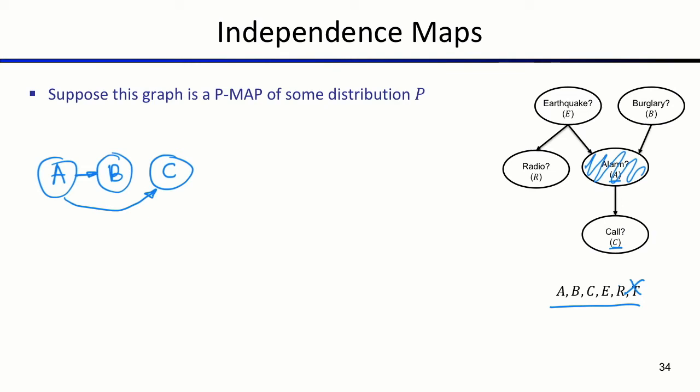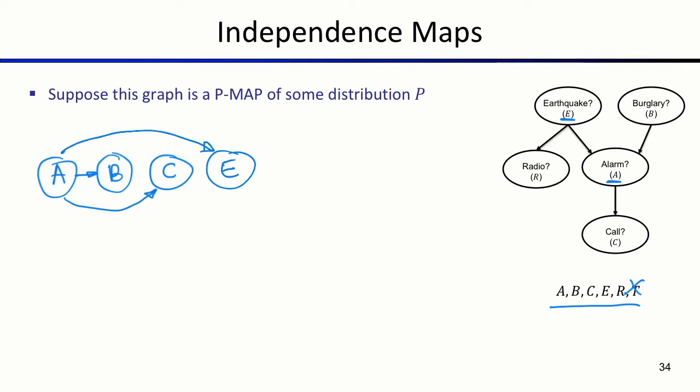Let's move on to the next variable, and the next one is E. E is here, right? So if we look at the other variables, there is A, and there is no way to make them independent of each other. So let's connect with an edge.